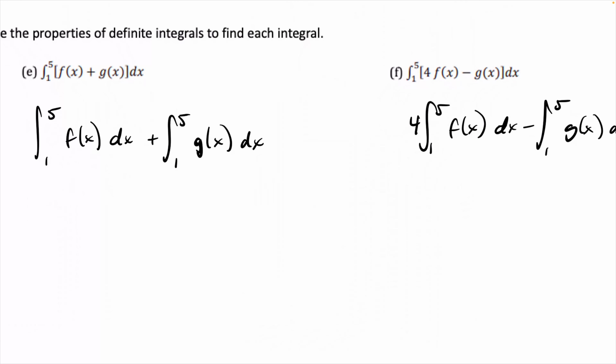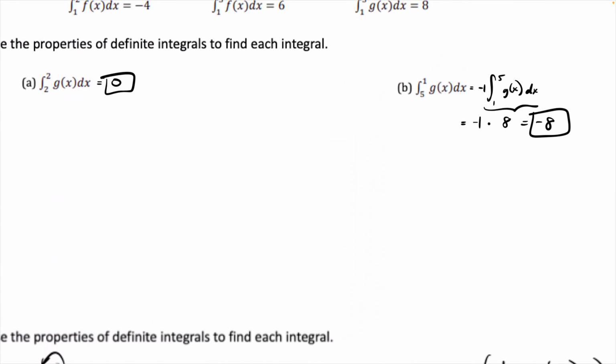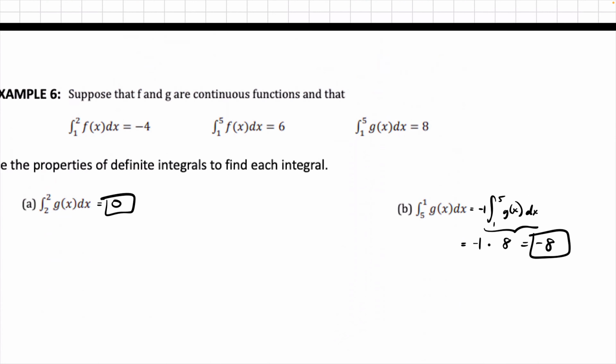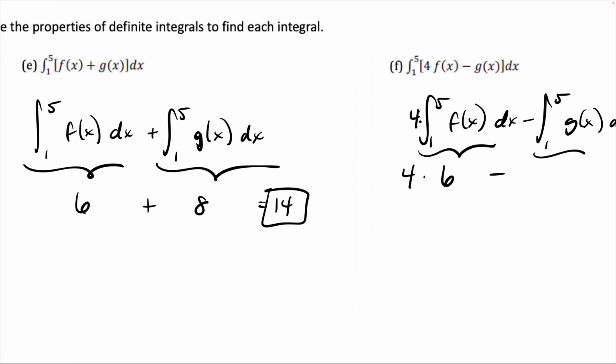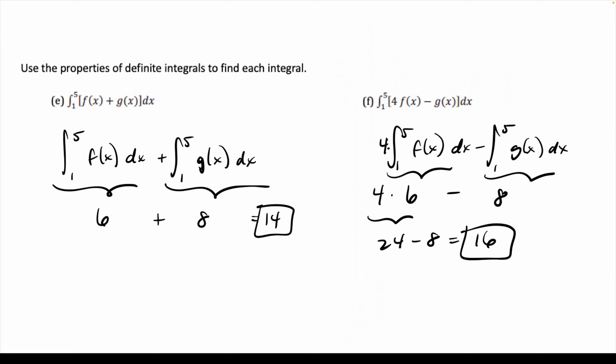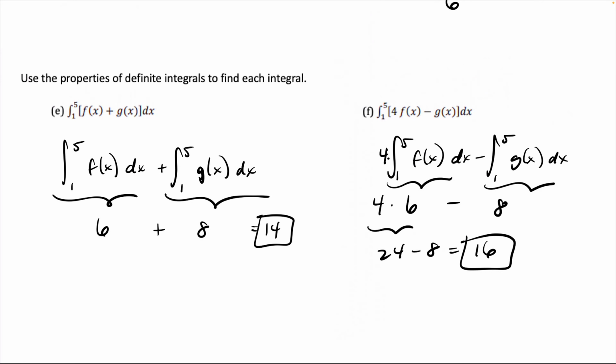For number 4, you subtract them, but you just multiply the first one by 4. So from 1 to 5 is 6 and 8. So 6 plus 8, so 14. This one is 6 minus 8. So you get 24 minus 8, which is 16. And that's it.